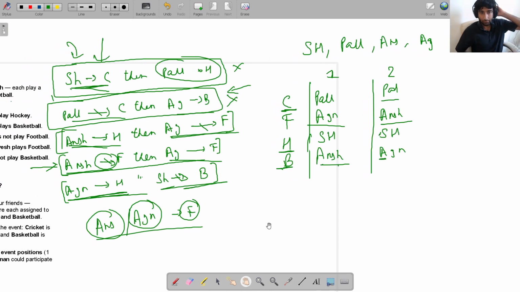If you try to see, in both the cases, what I've done is I've tried to not interfere with any of the conditions. All of these conditions, remember, are of the form: if this happens, then this must be true.